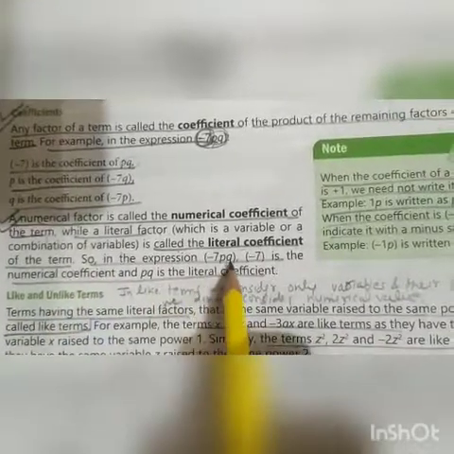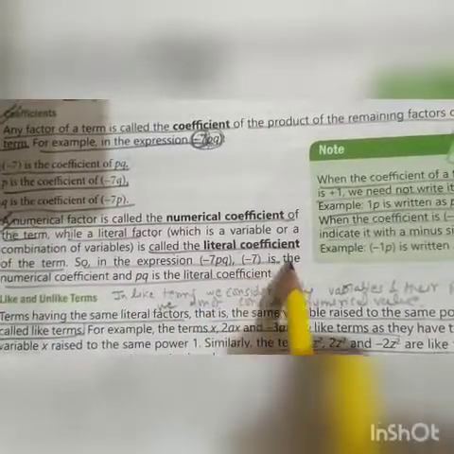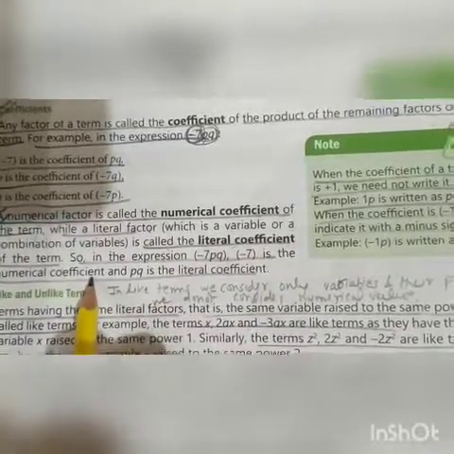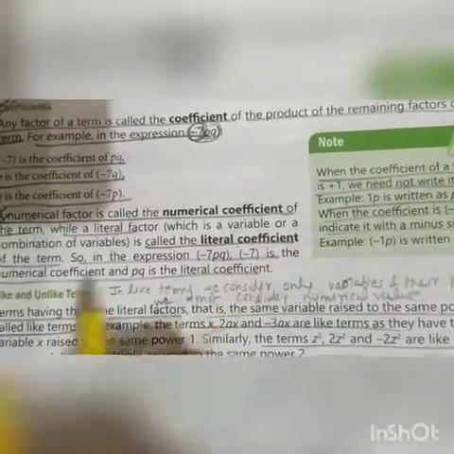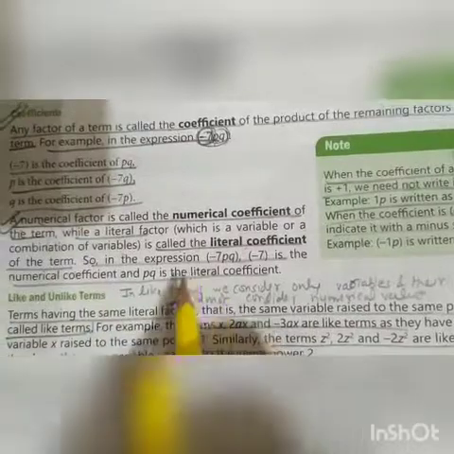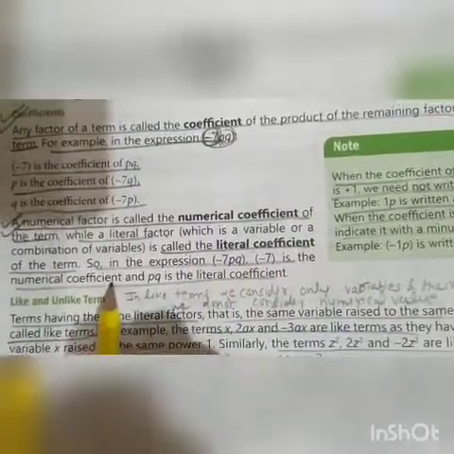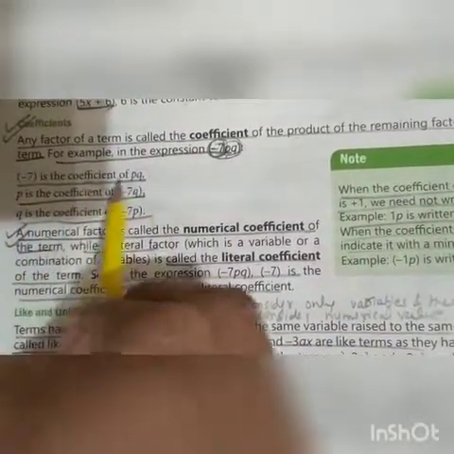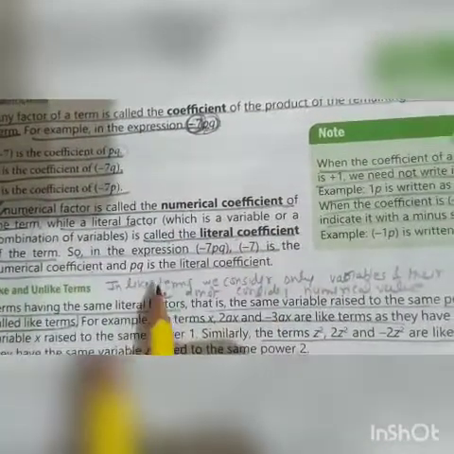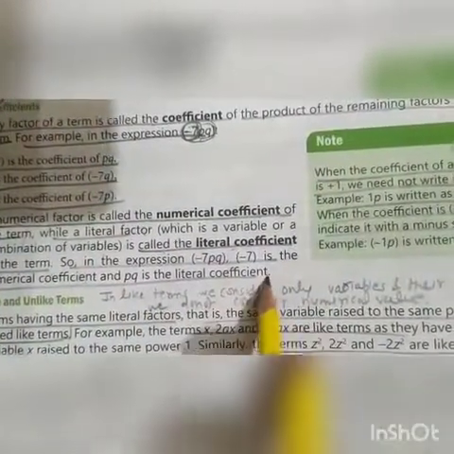In the expression minus 7pq, minus 7 is the numerical coefficient. Minus 7 is the numerical coefficient and minus 7 is the coefficient of pq also. PQ is the literal coefficient.